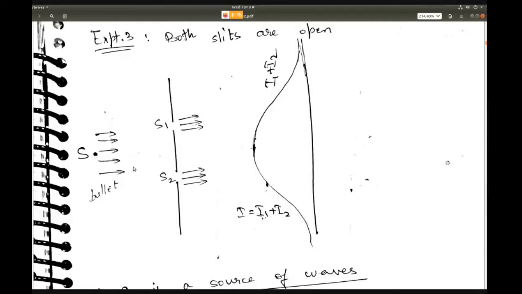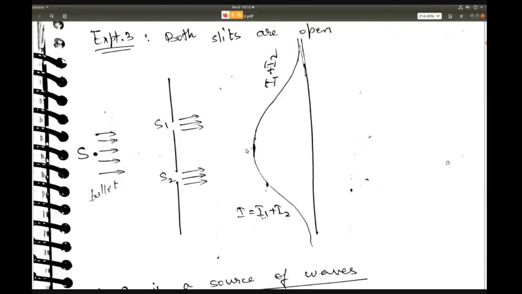Because you are emitting a lot of bullets from the source, some will pass through S1 and some through S2. The intensity is maximum at this point, which lies in the middle of the two slits.